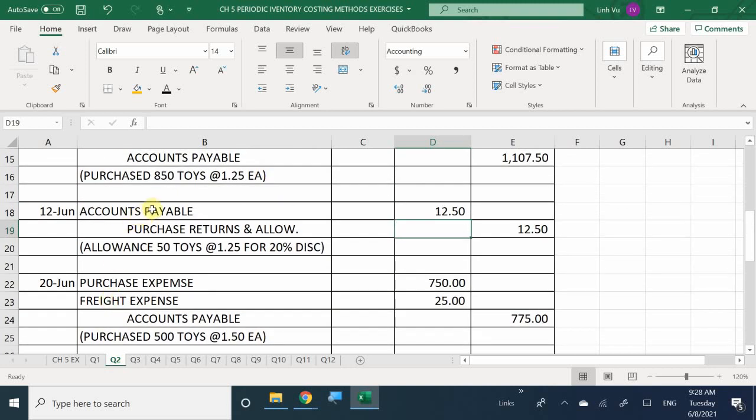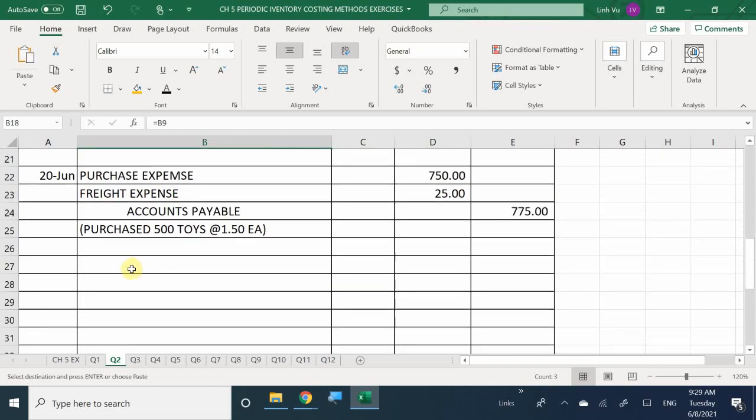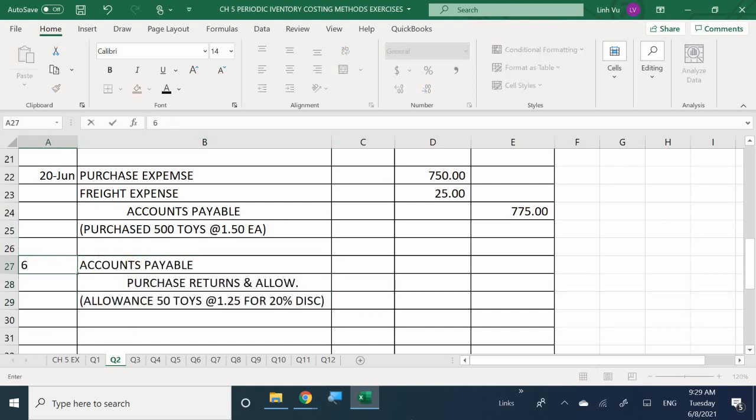It's going to be this, right? We're reducing what I owe them for this bill. I'm getting purchase returns, and since we've already solved for it, we already know it is $30.